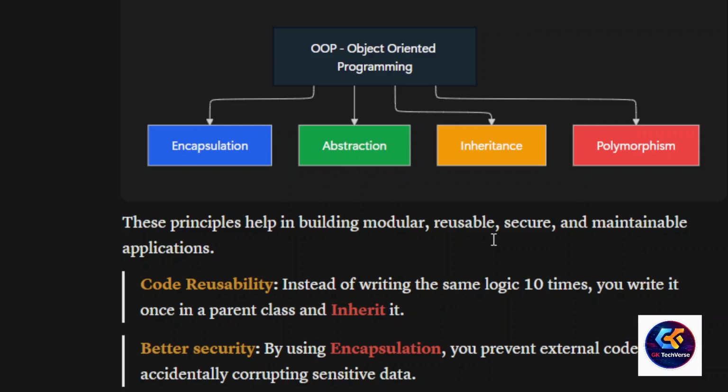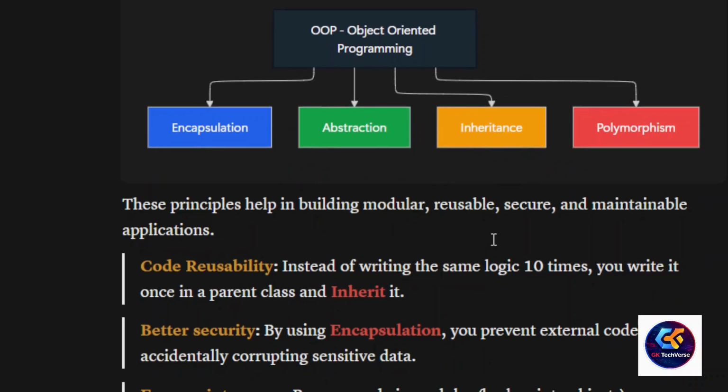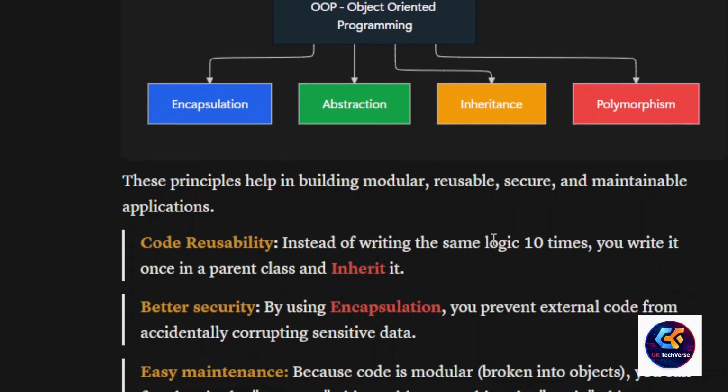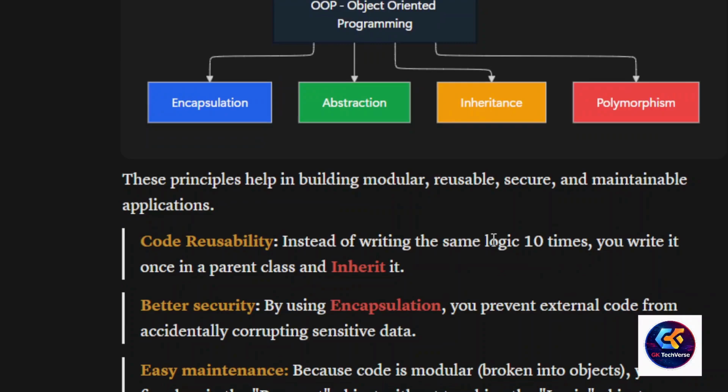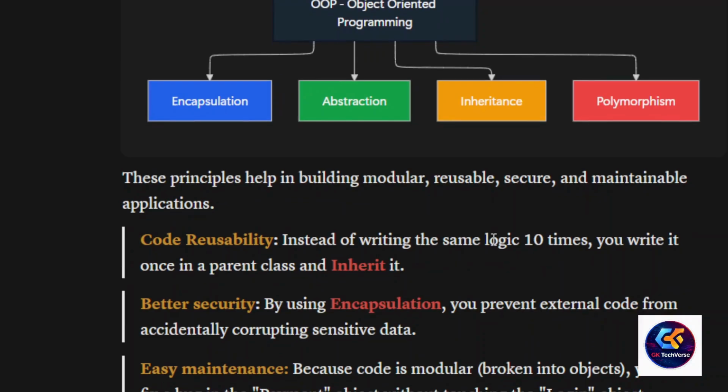Code reusability: instead of writing the same logic 10 times, you write it once in a parent class and inherit it. Better security: by using encapsulation, you prevent external code from accidentally corrupting sensitive data.